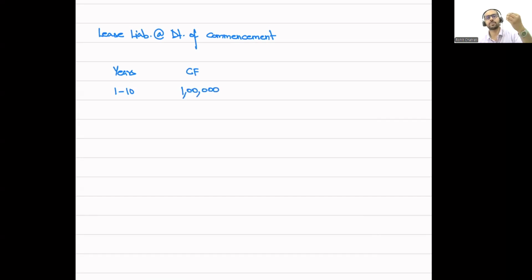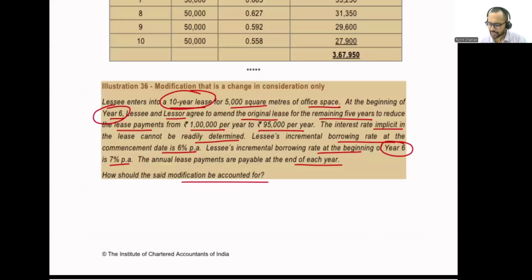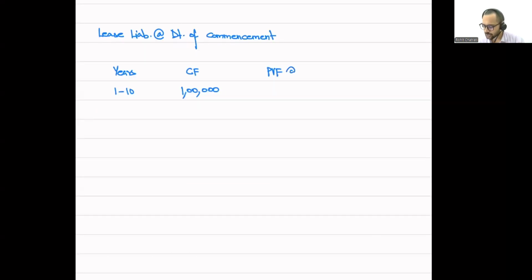Every year, if I'm supposed to make a payment of 1 lakh, I'm considering it like an annuity cash flow. And then I have the present value factor. The present value factor needs to be calculated at 6% because as at the commencement of lease, the lessee's incremental borrowing rate was 6%. So I then have the discounted cash flow.